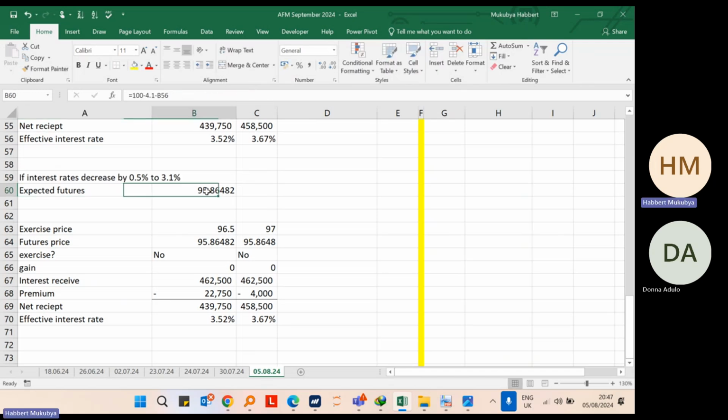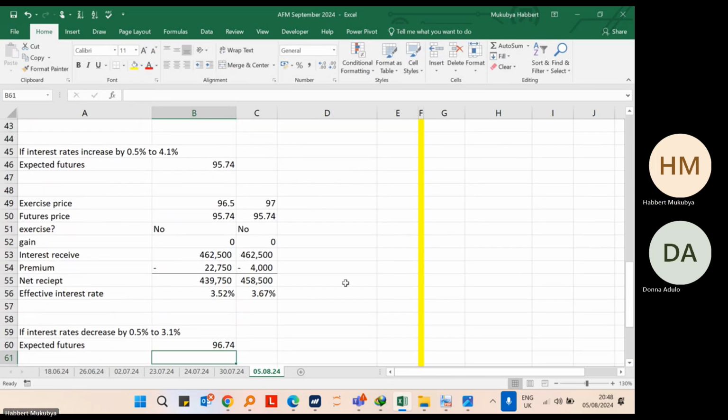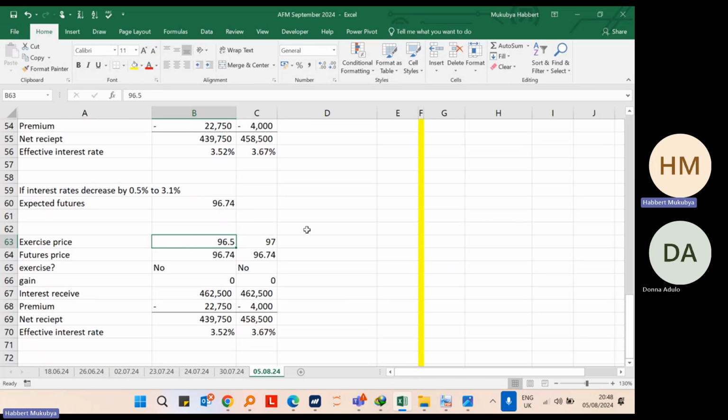So that means that the expected future is going to be 100 minus 3.1, then minus an expired basis. So exercise price is going to be 96 and 97 like before, but now the futures price is 96.74 and 96.74.